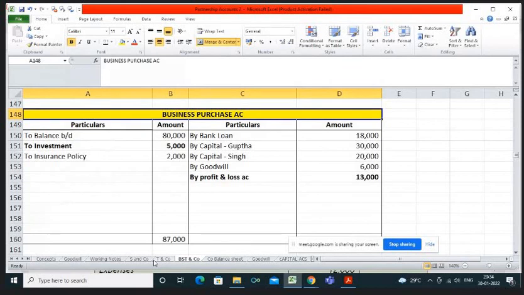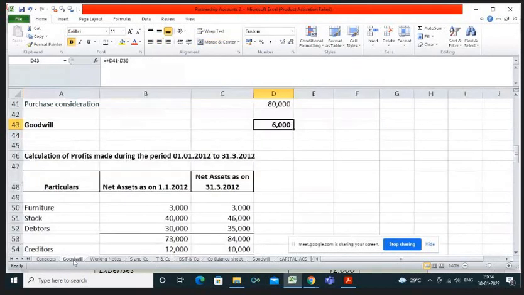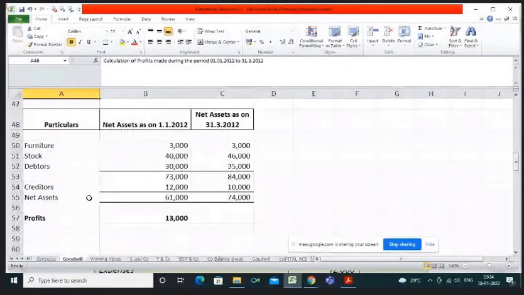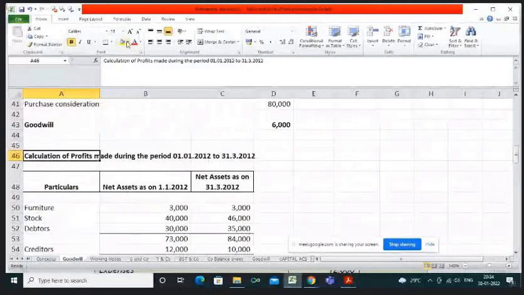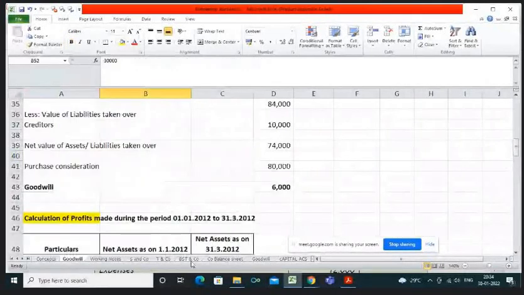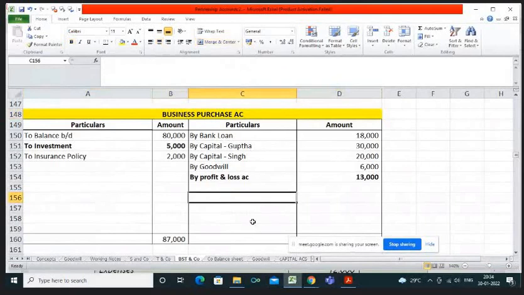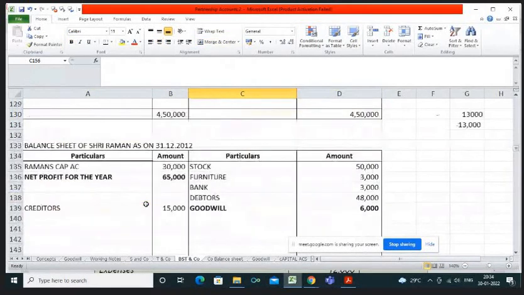And in the goodwill also, this was an additional step. Goodwill was anyway required. Calculation of profits was an additional step. So these things were additional. Otherwise, it would be a very simple and straightforward question only.